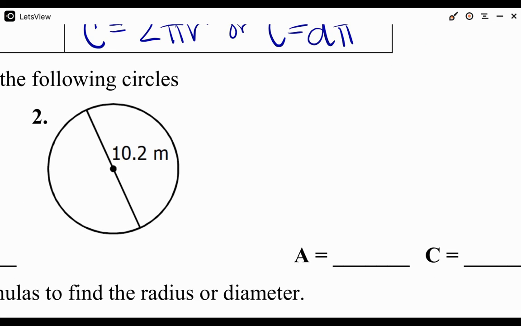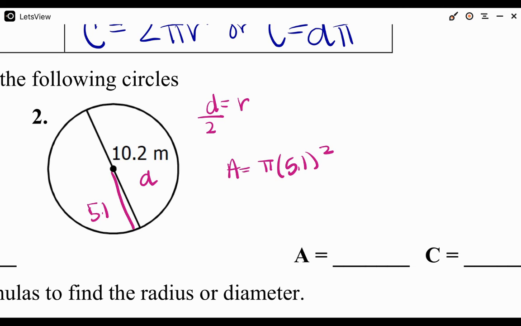Okay, and number two, we are given our diameter. So diameter is equal to 10.2, divided by 2, you get your radius. So our radius is 5.1. So area is equal to pi times 5.1 squared.